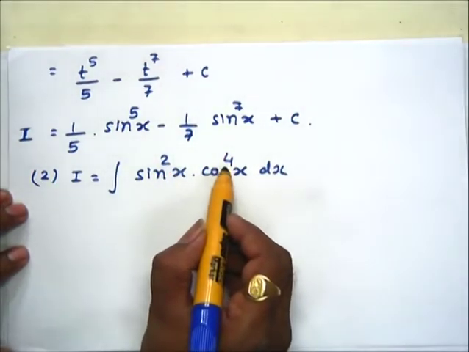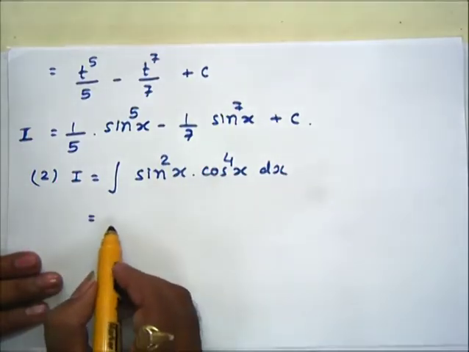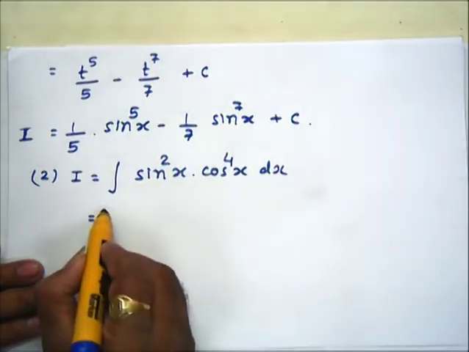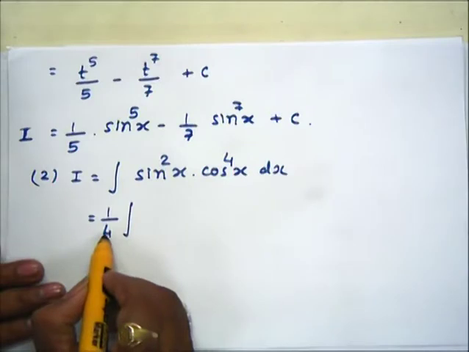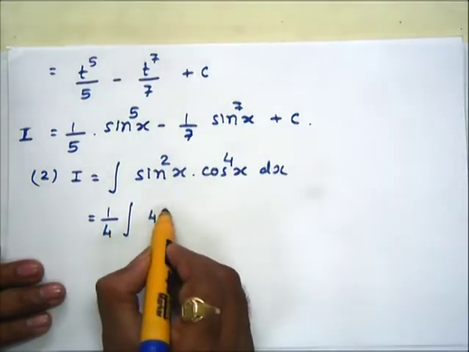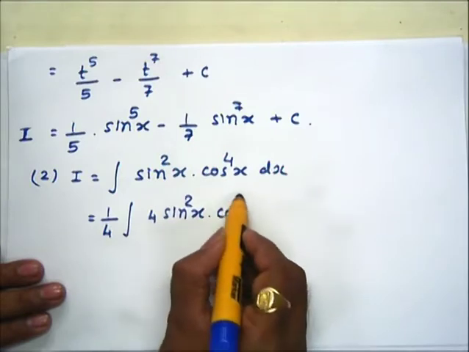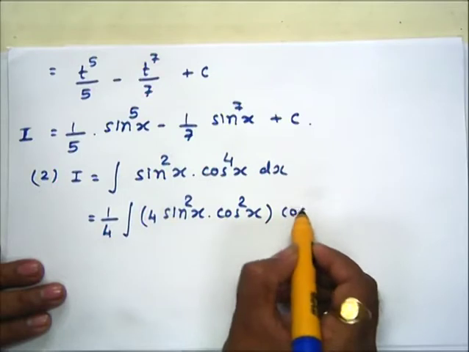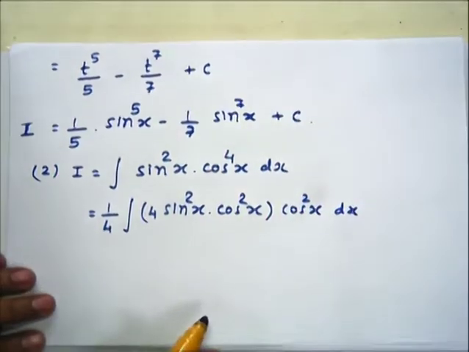So as we have said, we have to use the formula for sin square x and cos square x. But first divide by 4 and multiply by 4. So 4 sin square x into cos square x, this is cos raised to 4, so under 2 power cos square x dx.